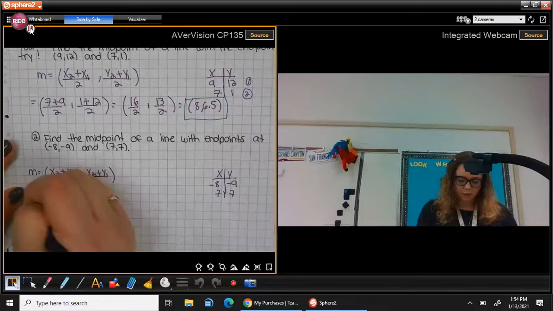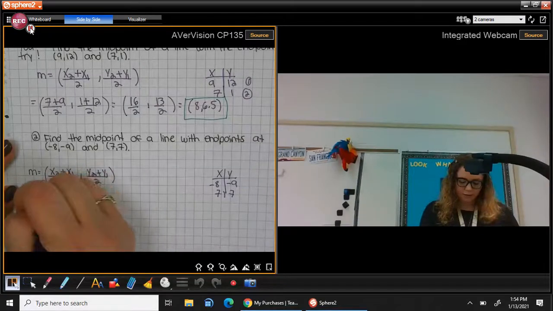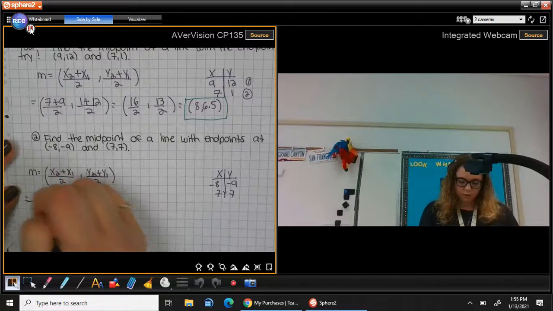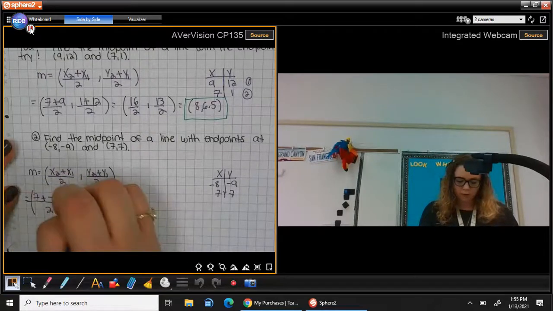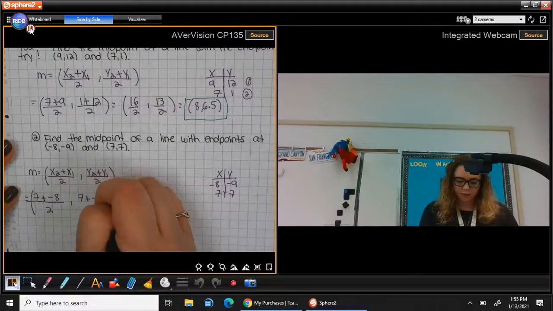Okay, so x2 is 7 plus x1 is -8, all over 2. y2 is 7 plus y1, which is -9, over 2.